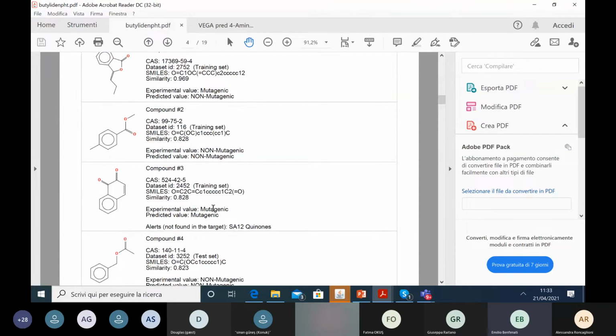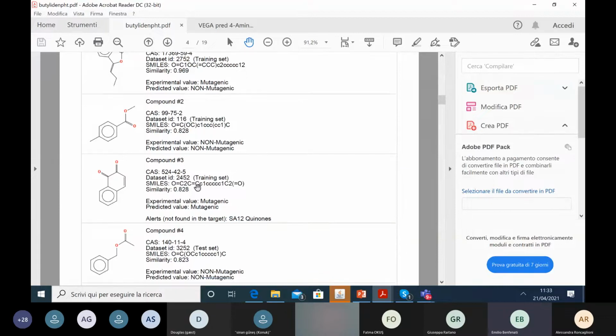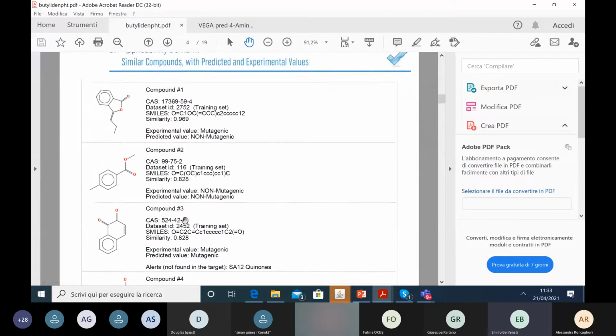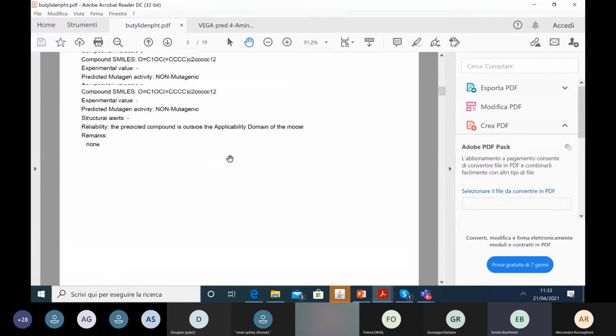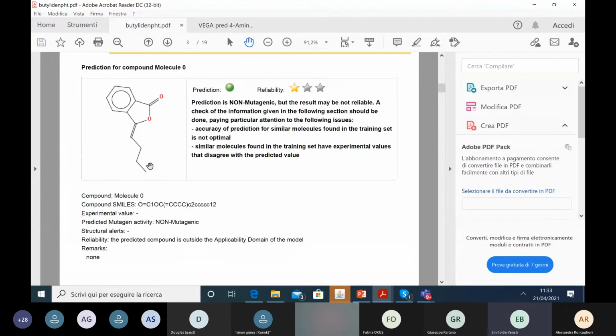This one is mutagenic, and it's predicted mutagenic, but it contains something else. So to me, this is partially of interest. This is not of interest. Definitely, this is the same. If you remember the target compound, the difference is 1 carbon.